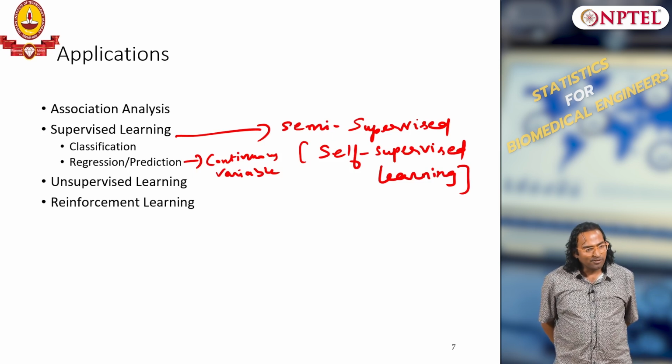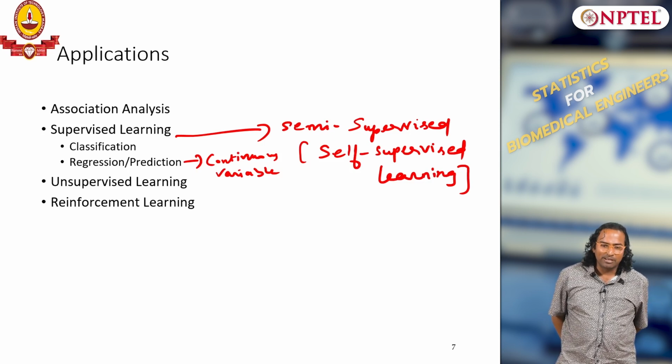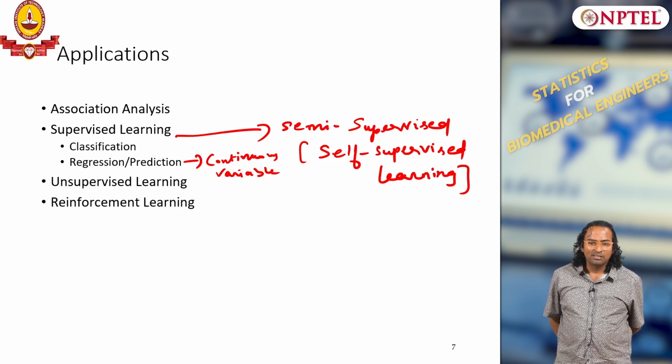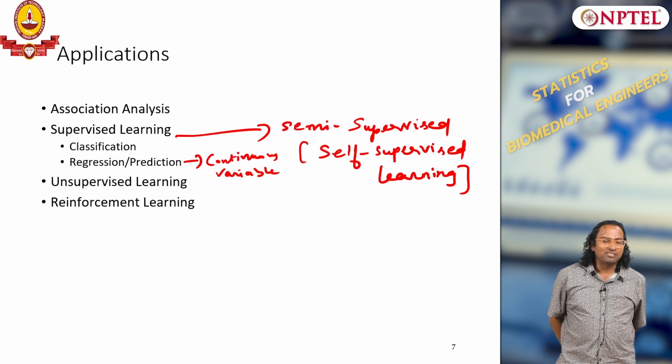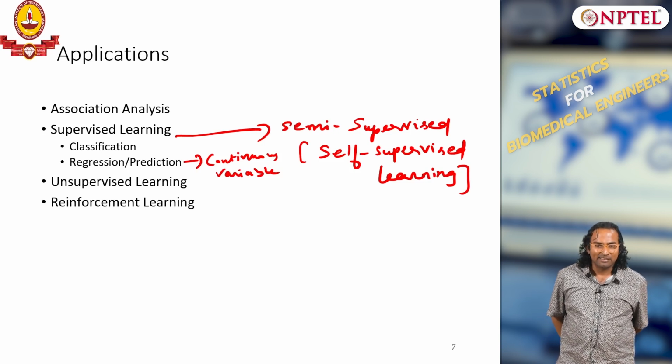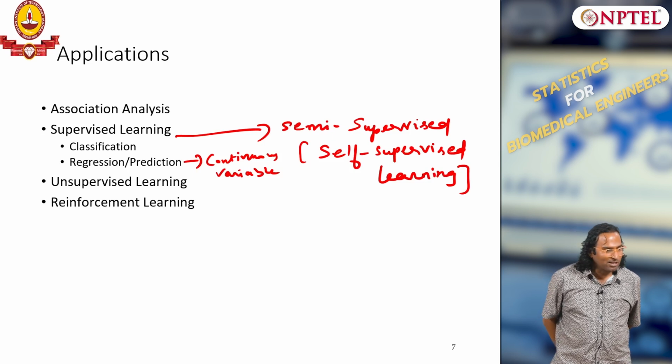Now if you want to build a model with more parameters, think of ChatGPT, what is the training data set? Will it be thousands? You cannot have 1000 data points to train a million parameters. If it is a million parameters, better that your training data is tens of millions. Now can I ask a radiologist to label tens of millions of data points to give a ground truth? Will the doctor sit and label for you?